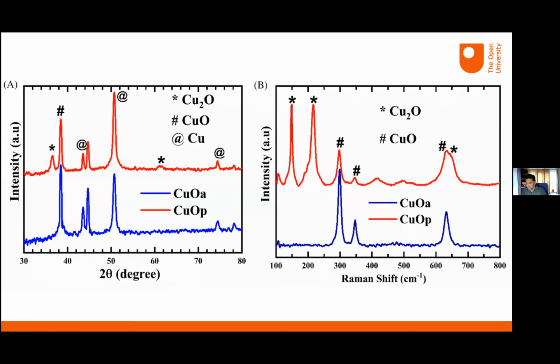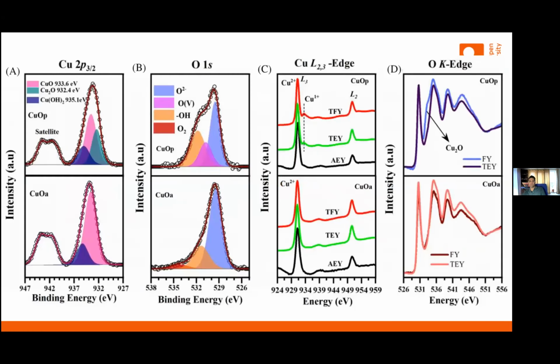And this is further proved using X-ray photoelectron spectroscopy between the plasma treated and the annealed samples, where we can clearly see 2 different species coming out of the Cu2O nature, and further evidence by the oxygen 1s core level spectrum, where we see a hydroxide peak, but within the hydroxide peak we are able to distinguish the different components.